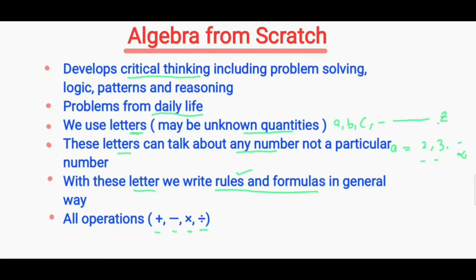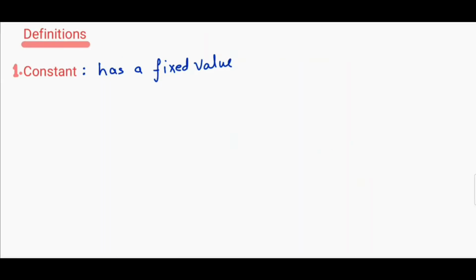So now first we will discuss a few definitions which we are going to use in algebra. Let's get started. Here first we have constant. A constant has a fixed value. Its value doesn't change. For example, in arithmetic we have used digits 0 to 9. All these have fixed values and all these are constants.